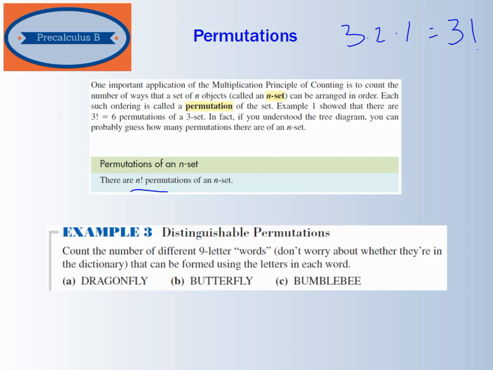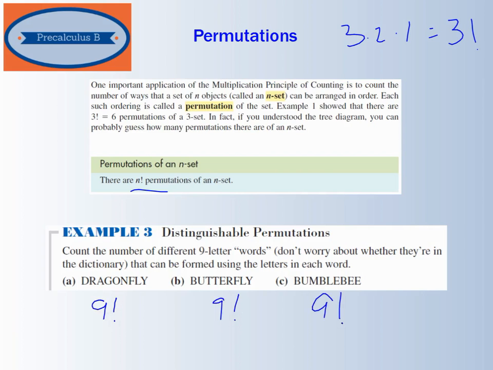Don't worry about whether or not they're in the dictionary, just different letter combinations. Since it's 9 letters, the number of permutations would just be 9 factorial for each of them.